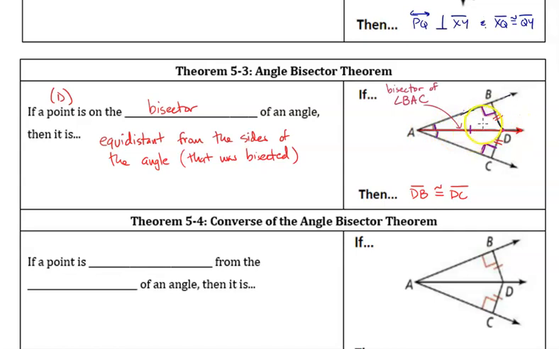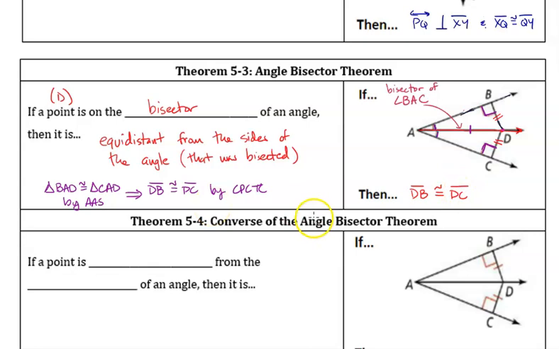So I would look at that picture and say, oh, triangle BAD is congruent to triangle CAD by angle, angle, side. And if that is true, then it implies that segment DB would be congruent to segment DC by CPCTC. And that's how we know the angle bisector theorem works.